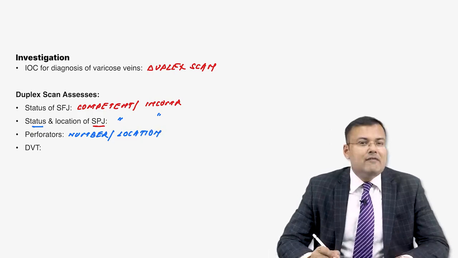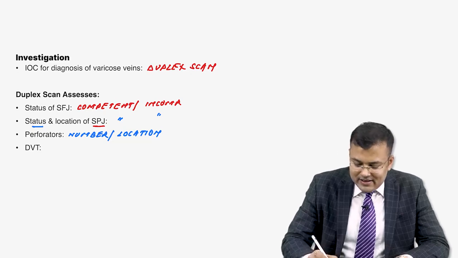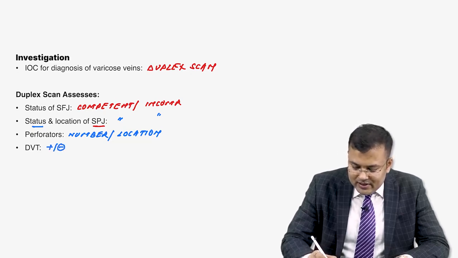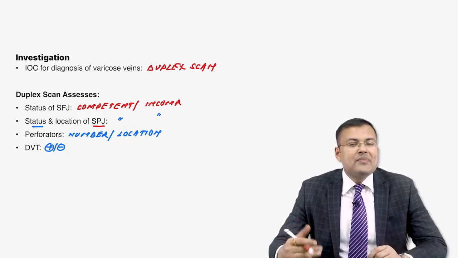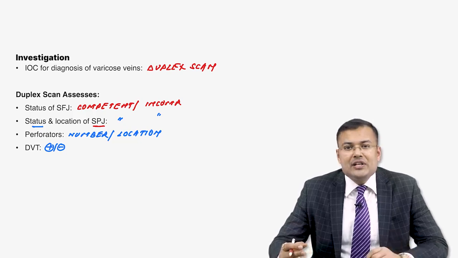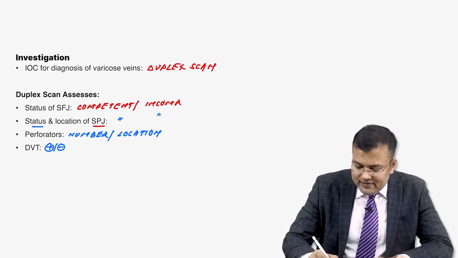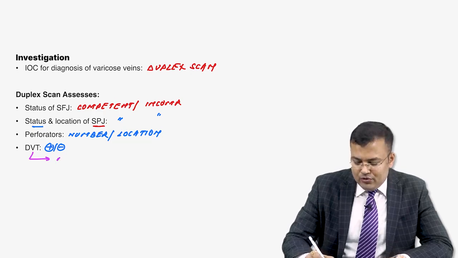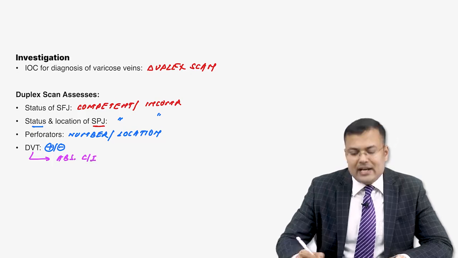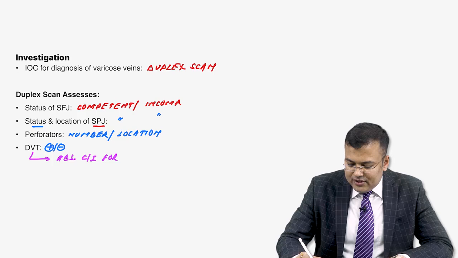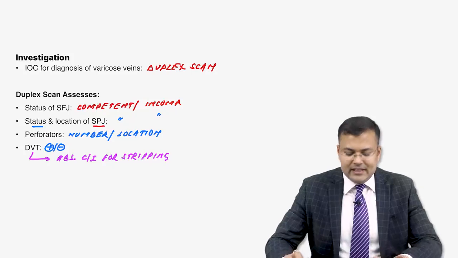And another thing to look for is DVT, whether it is present or absent, because if the patient has DVT, it is an absolute contraindication for stripping. So by duplex scan, we assess all this information.